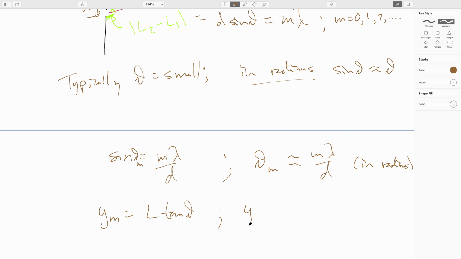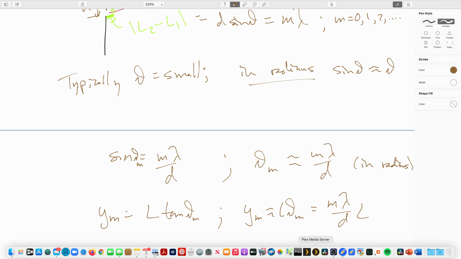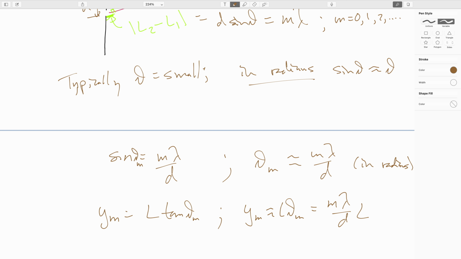So we can say that ym is approximately L theta m, which would be equal to m lambda over d times L. And again, m would be equal to 0, 1, 2, 3, whatever. So if you want to know where the dark fringes are, they are exactly in between.